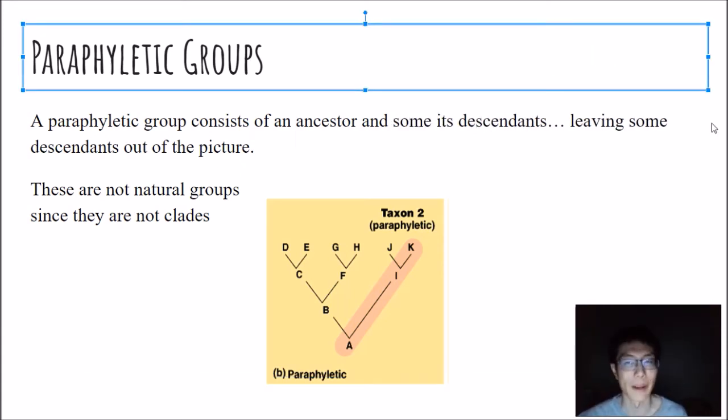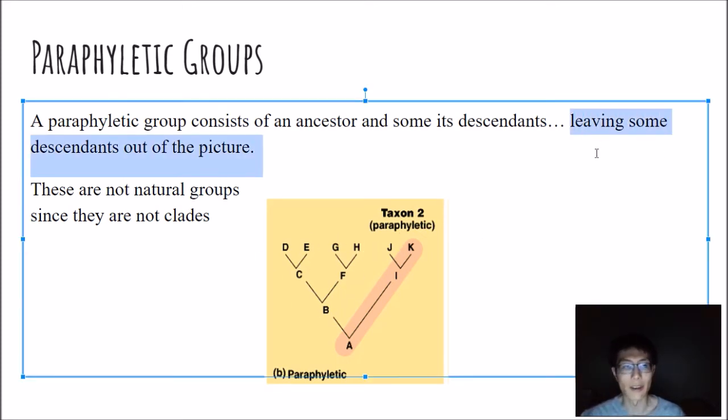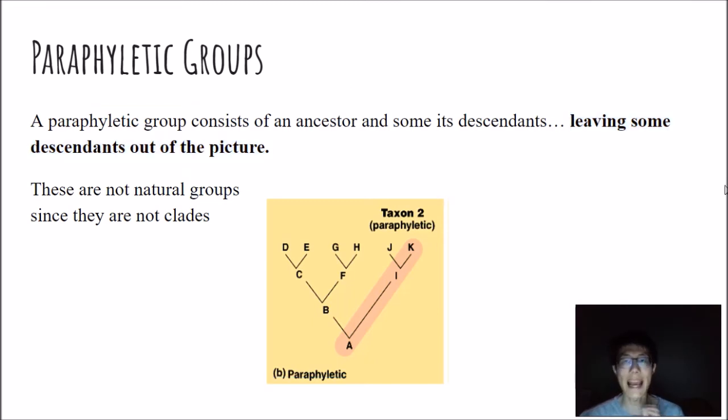That might be a better way to put it. You can actually include other things over here if you want, but the important part is that it leaves out some of its descendants in the picture. So when it comes to a paraphyletic group, I'm choosing a common ancestor and some of its descendants, but I'm excluding other descendants.